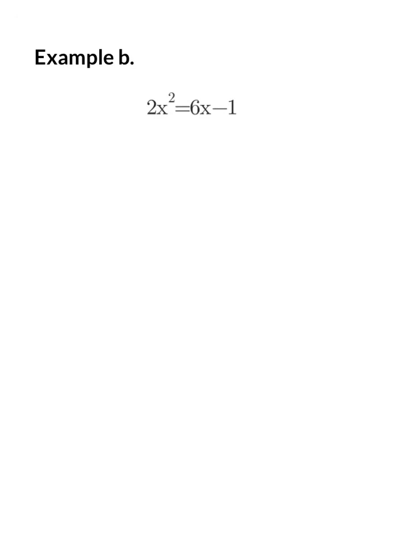Example B, we have 2x squared equals 6x minus 1. Remember that regardless of whether you are using factoring or the quadratic formula, the first thing that we have to do is get everything on one side and set it equal to 0. So I'm going to subtract 6x and add 1 to both sides.